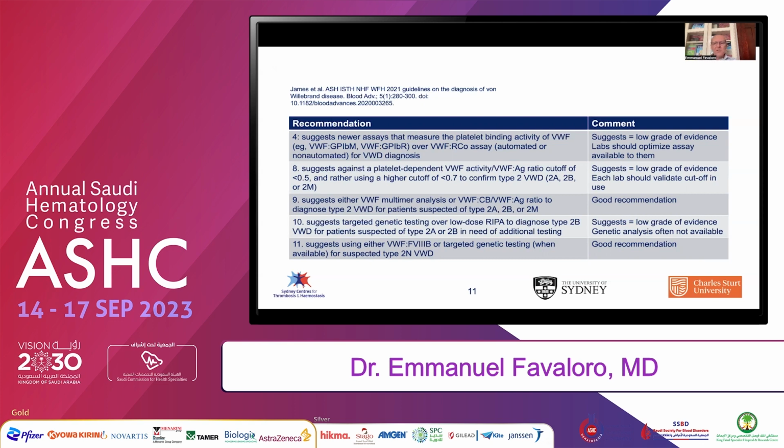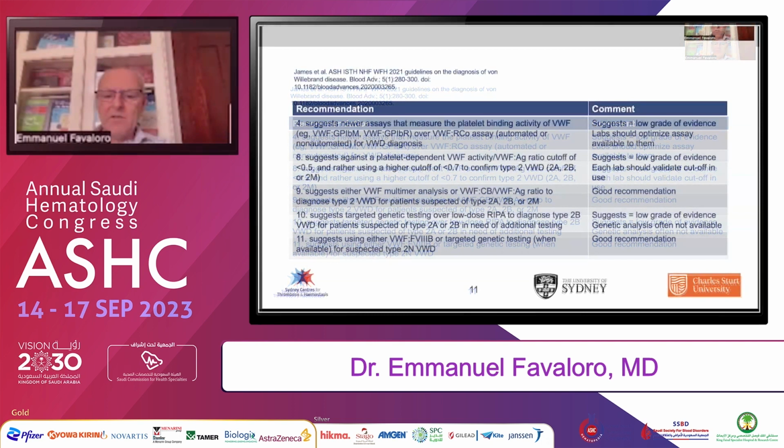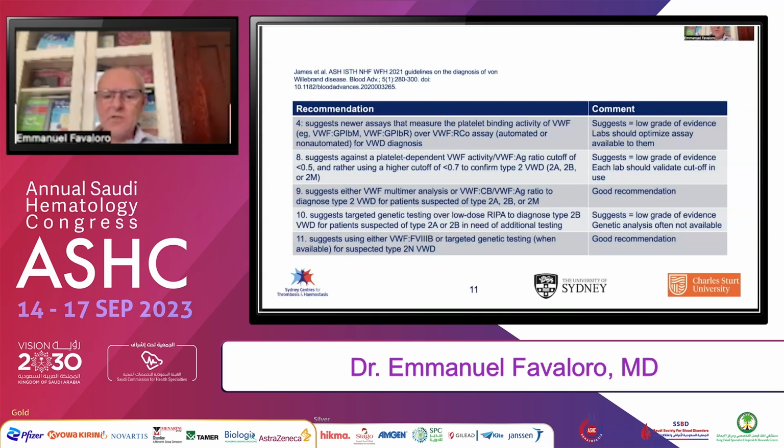They also suggest using either von Willebrand factor multimer analysis or collagen binding to antigen ratio to help diagnose type 2 von Willebrand disease for patients who are suspected of type 2A, 2B, or 2M, and we think that's a good recommendation. They suggest targeted genetic testing over low-dose ristocetin-induced platelet aggregation to diagnose 2B von Willebrand disease for patients suspected of type 2A or 2B in need of additional testing.